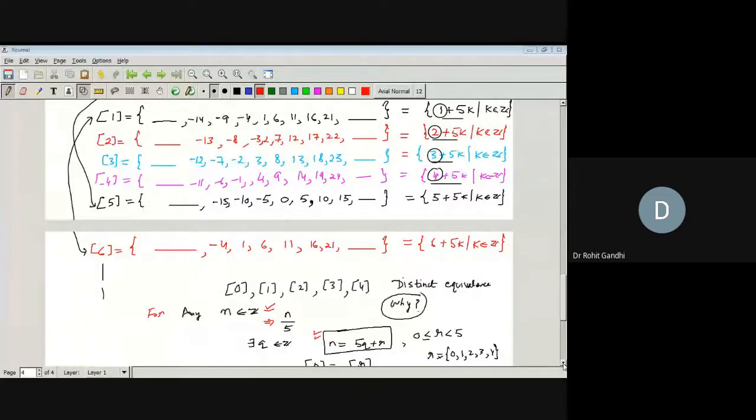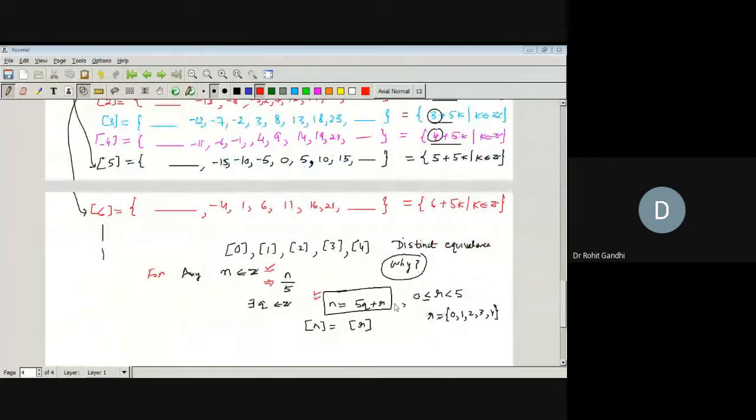What is r? r is the remainder, and we know that remainders lie between 0 and 5. So n looks like either 5q, when the remainder is 0, or 5q plus 1, or 5q plus 2, or 5q plus 3, or 5q plus 4.